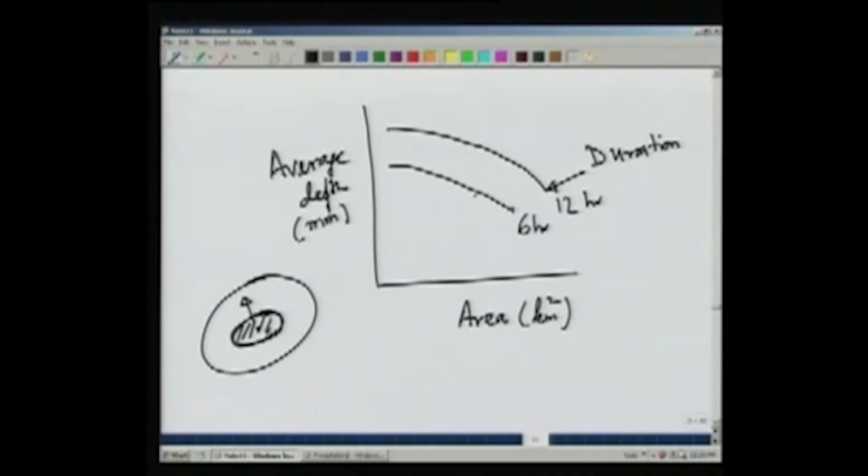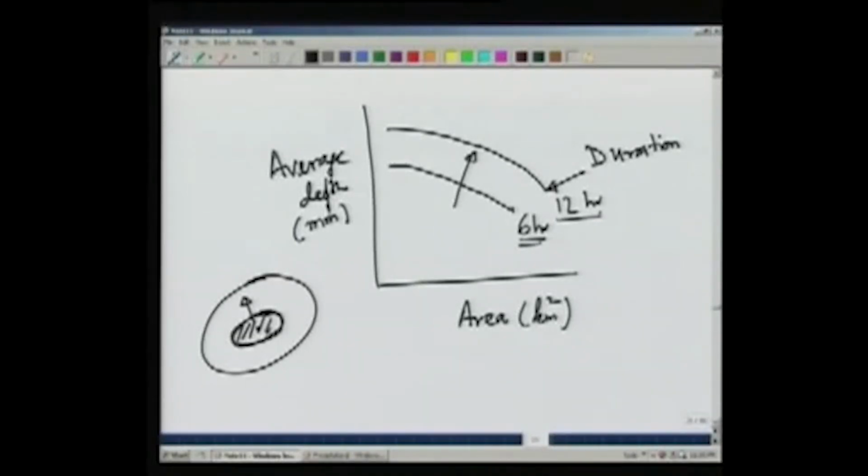Now if the storm is of larger duration, the depth will increase. So these kind of curves will tell us how much average depth of rainfall to expect over a certain area if the rainfall occurs for a certain time, which is 6 hours or 12 hours or any given time.